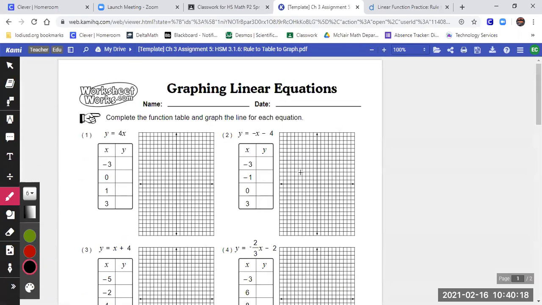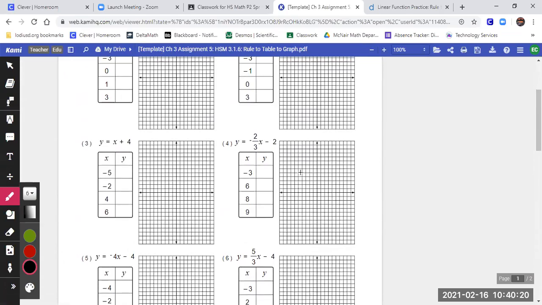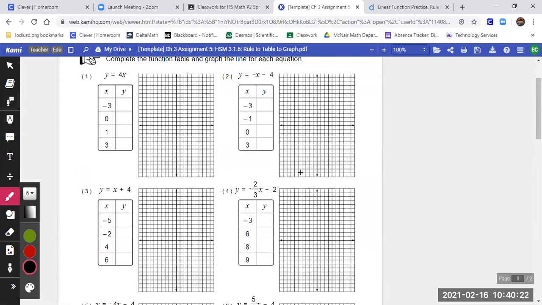It's not scratch paper. Out of these 6 rules, how many are proportional?